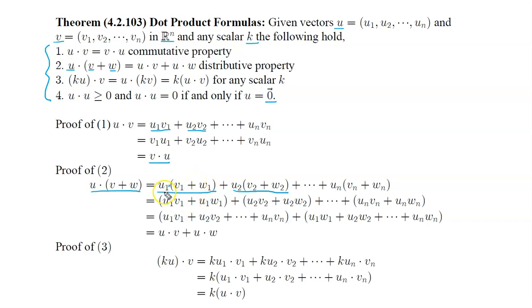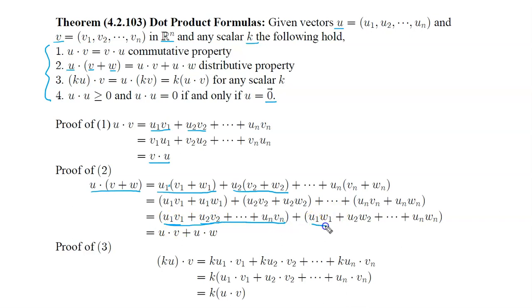And so we can rewrite this term like this. Just distribute the u1 to the v1 and w1, and we can do that for every term. And then just combine terms down here. You notice that we combine all of the u1 times v1, u2 times v2, so all the u times v's are grouped together here.